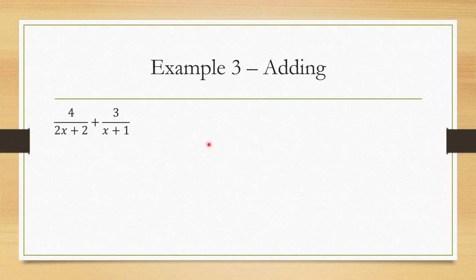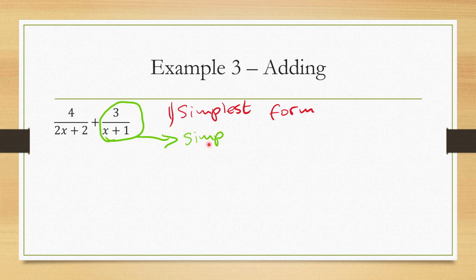So when looking at the denominators, first we're going to simplify both of these fractions. Let's take a look. This fraction is already in its simplest form. You can't do anything further with it. There are no common factors, so don't worry about it. But this one is not in its simplest form.